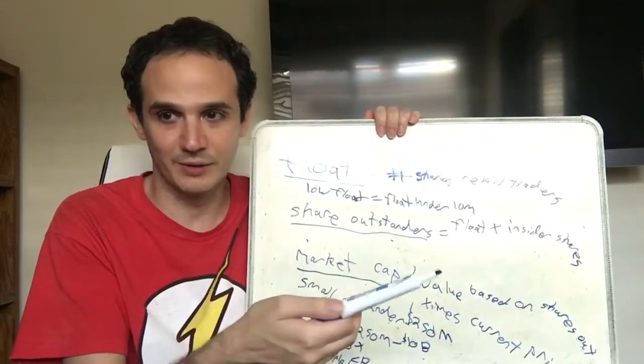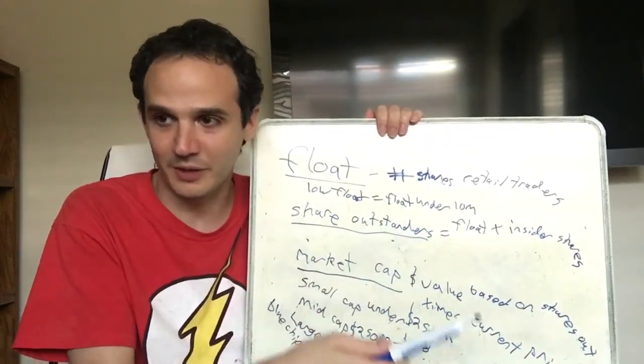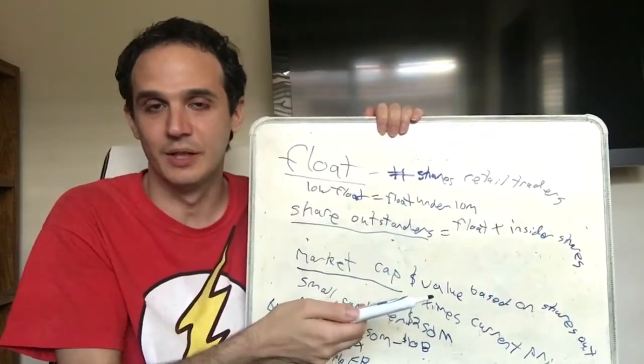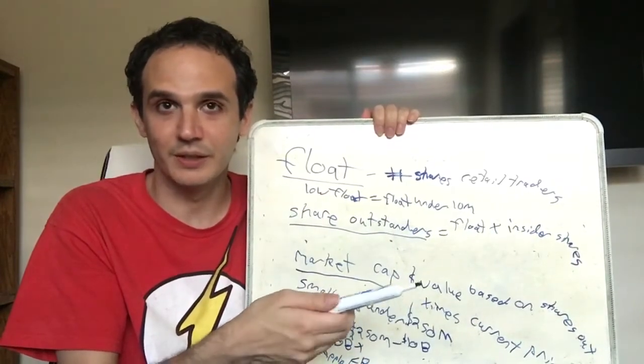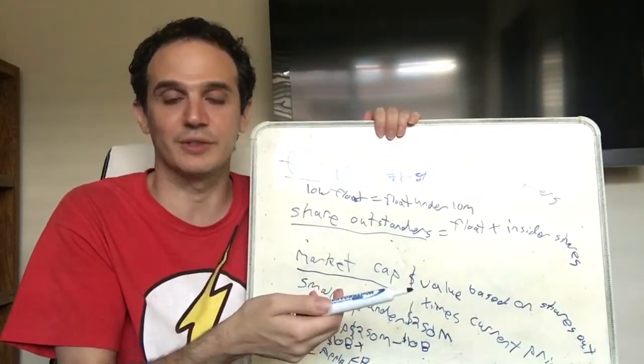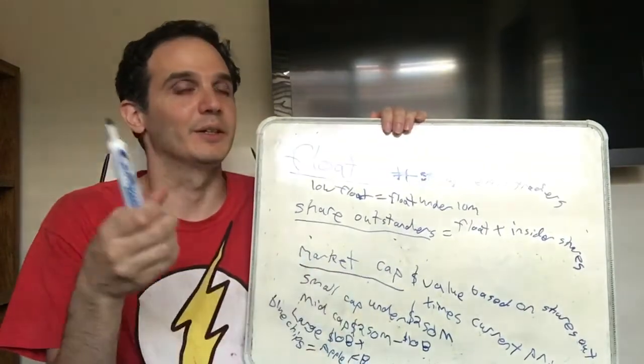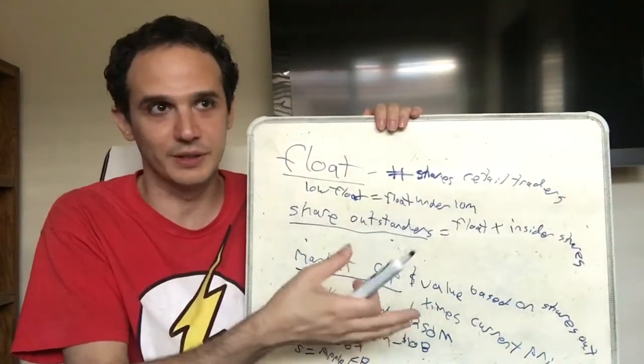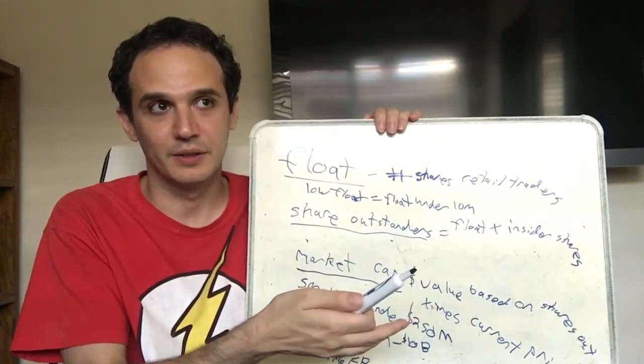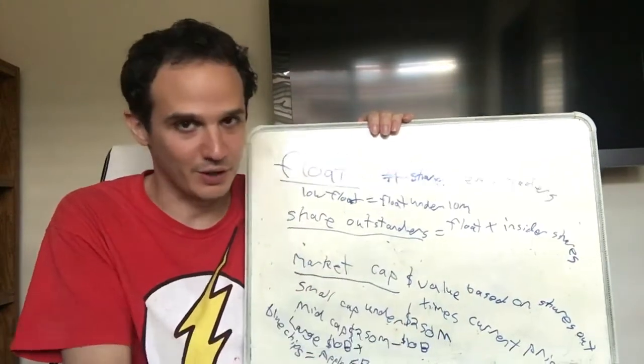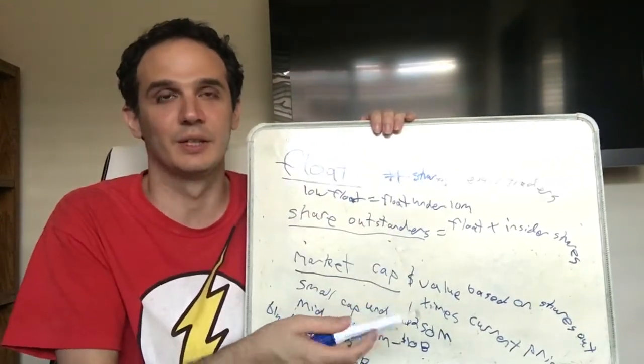So normally for that $10 stock to go up to $20 in one day, or to go up 100%, theoretically about 50 million or more dollars needs to go into that stock in one day.